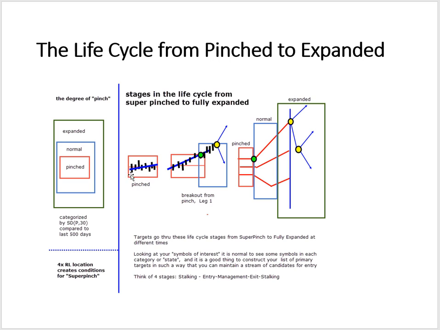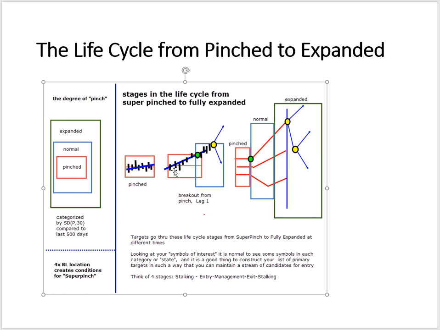And if it's abnormally flat and the Z3 lines have pinched in, then we define that as pinched. Then what happens is that price hits the edge of that pinched channel, and then instead of reverting back to the mean, it breaks out of that channel and then starts this movement up.